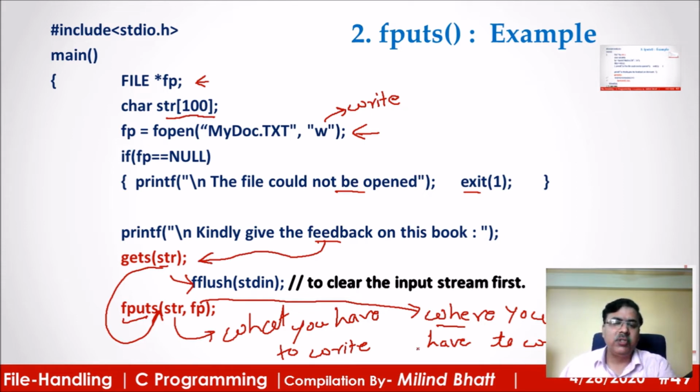And finally close your file with the help of fclose fp function, terminate your main. So this is a very simple example of fputs.